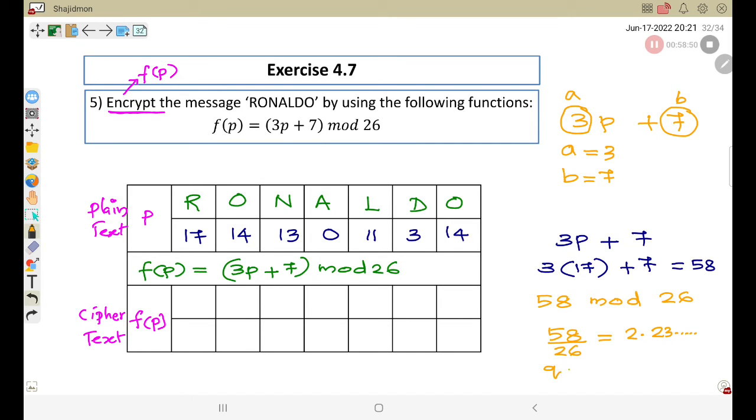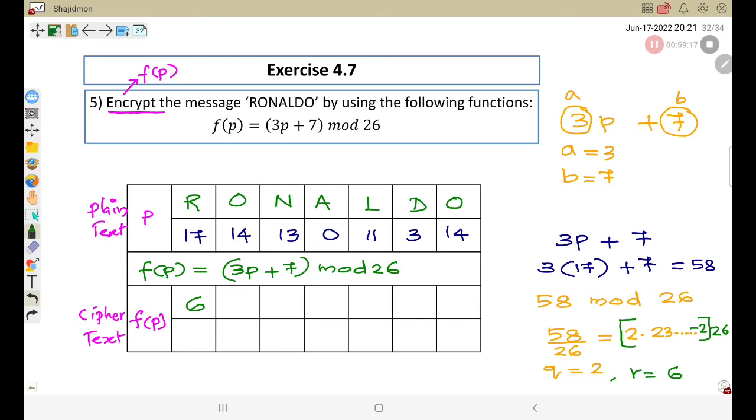So what will be the quotient? The quotient is 2. What will be the remainder? Check it. To calculate the remainder, take minus 2 multiplied by the divisor 26 from 58. You will get a value equal to 6. You can check it, the value should be 6. So the first remainder is 6, so you can write here 6.